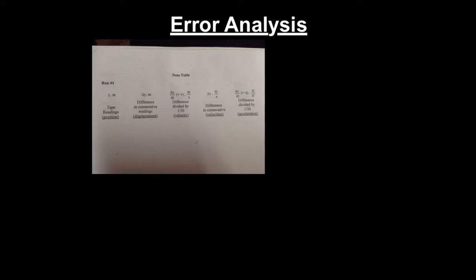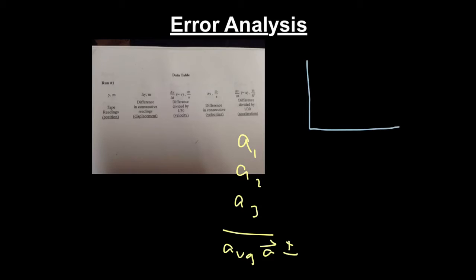Then you're going to have a value for g. Right here you'll have like a1, a2, a3. You'll have acceleration for all these points, and you can get some average value for a. That's one way. So you'll get an average, and you'll get a plus or minus here. You will also graph right here, and again, acceleration is the change in velocity over change in time. So you'll plot your velocities against time.